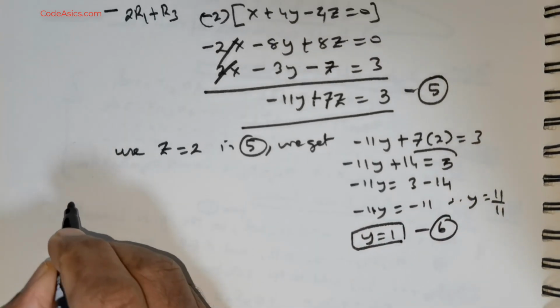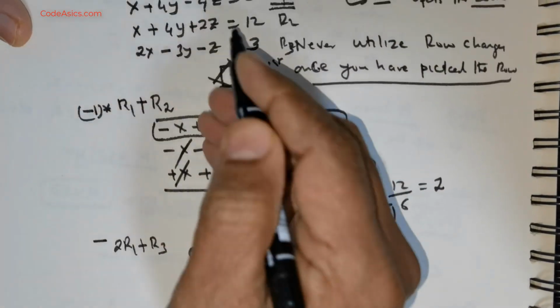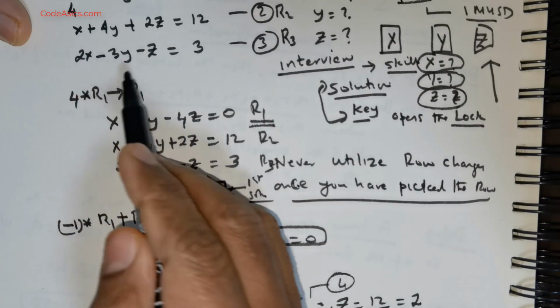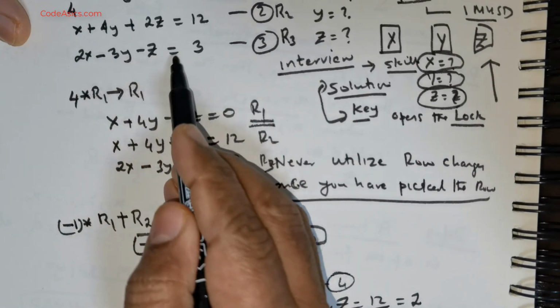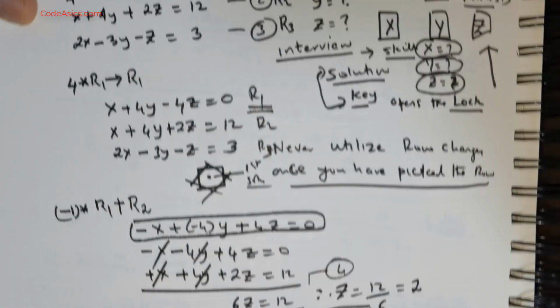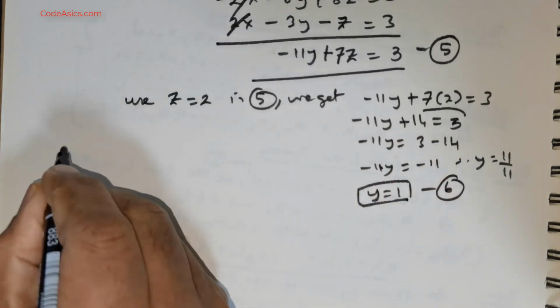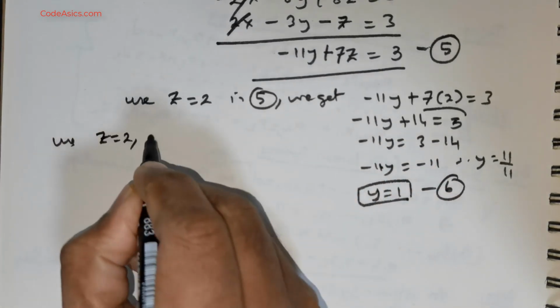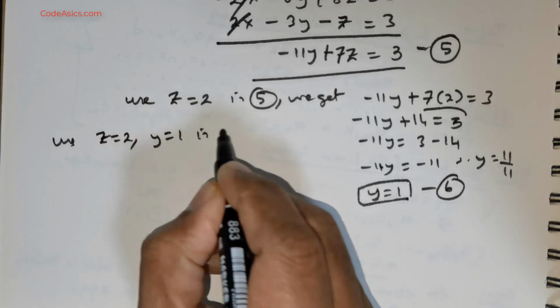Now, go back to the rows which we have. You know y, you know z, and then you substitute in row 3. I'm going to use z is equal to 2 and y is equal to 1 in 3.